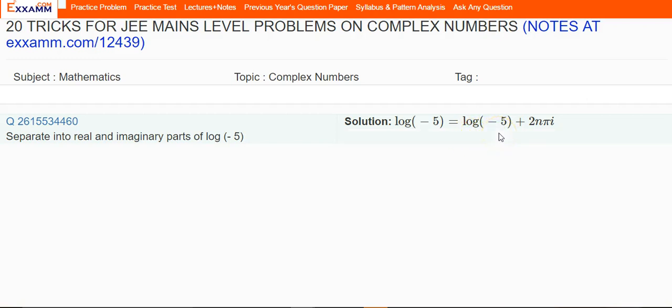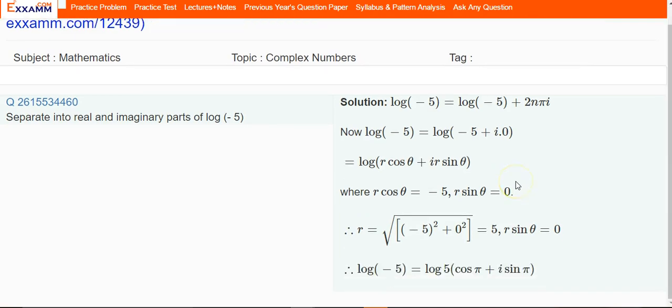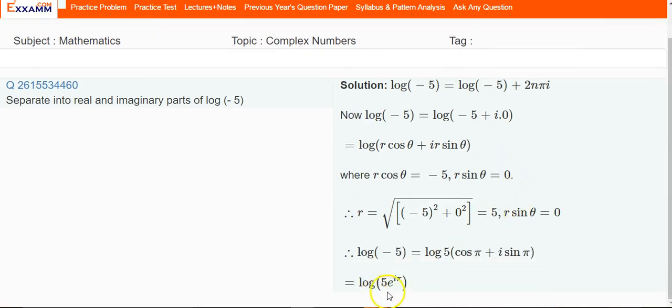So this becomes log 5 plus e to the power i pi. Just remember that 1 can be written as cos 0 plus i sin 0, that is e to the power i 0.